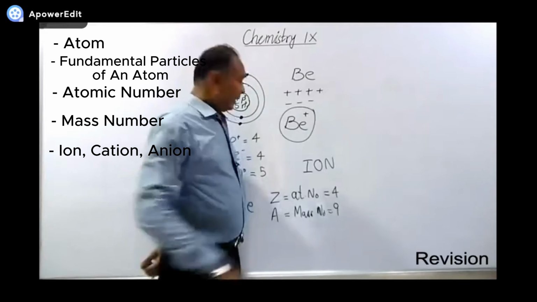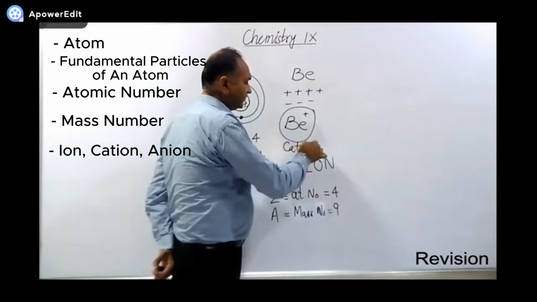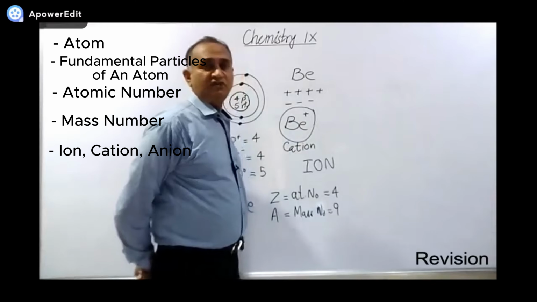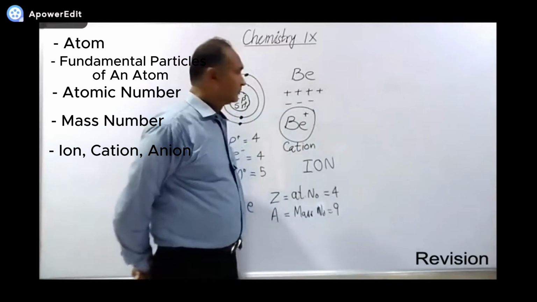And if you see a positive charge, then this type of ion is called a cation. Cations are positively charged. On the other hand, let's take another example. Might be the example of nitrogen.